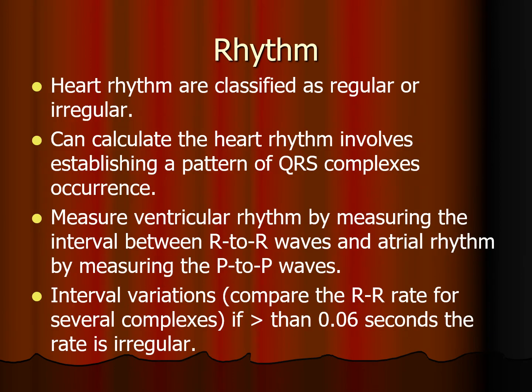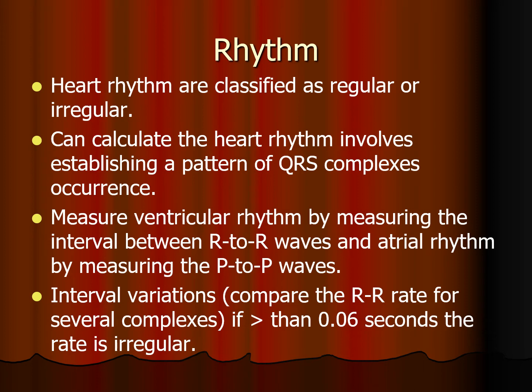Okay. So rhythms are classified as regular or irregular. All right. We can calculate the heart rhythm and establish a pattern of QRS complexes, right? So we're going to measure the ventricular rhythm by measuring the interval between the R to R waves and the atrial rhythm by measuring the P to P waves. So they don't always mean the same.